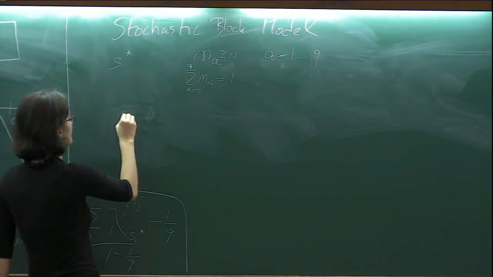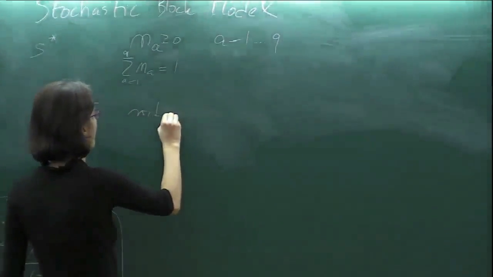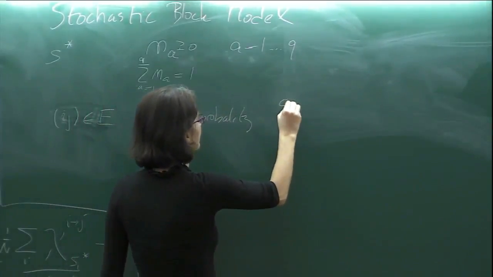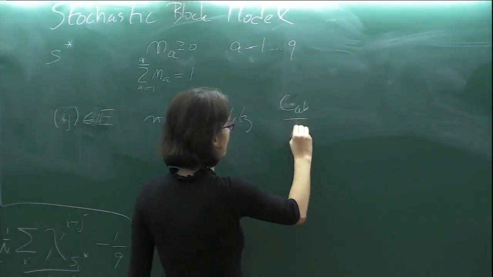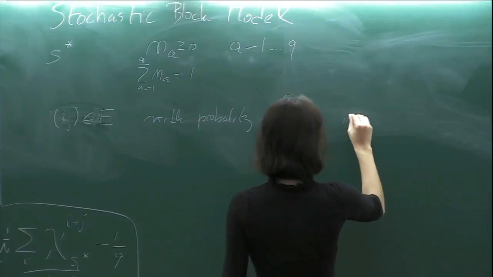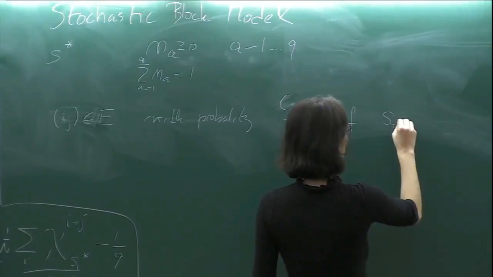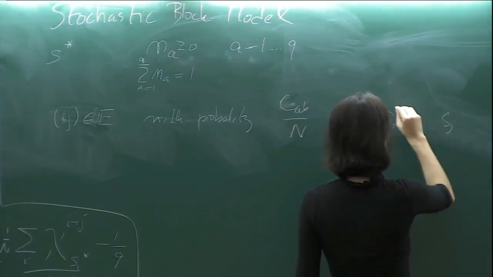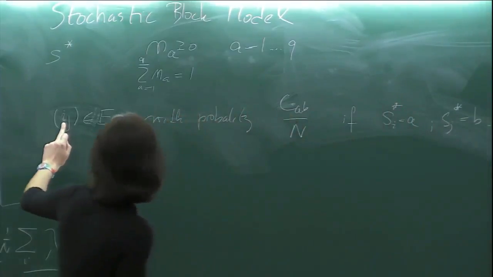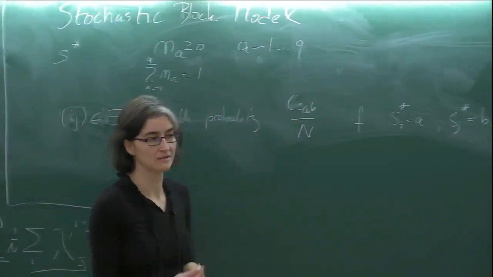I say that ij is an edge with probability c_AB divided by n, I always divide by n to get the limit of sparse graphs, if the color of i in the start configuration was A and the color of j was B. So if i belongs to group A and j belongs to group B, then I connect them with probability c_AB divided by n.